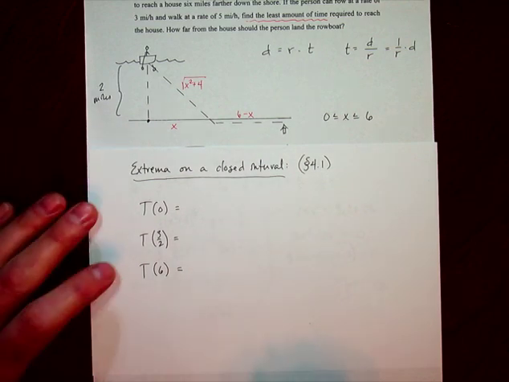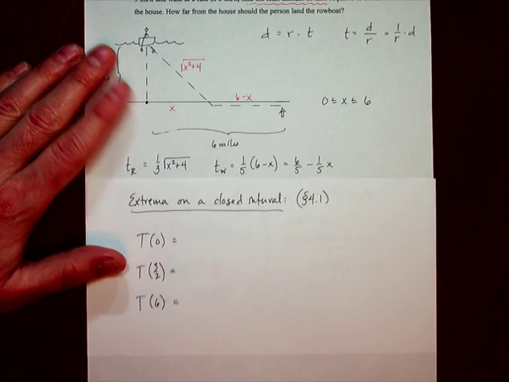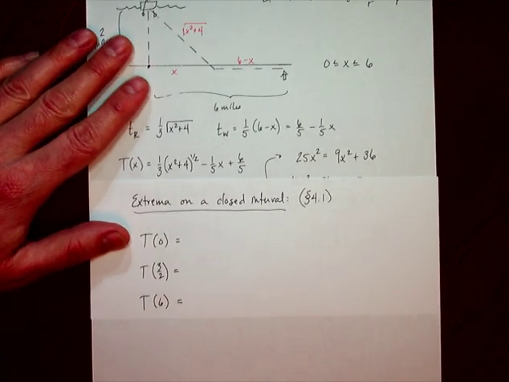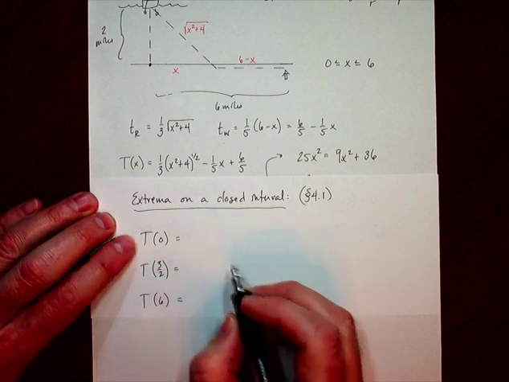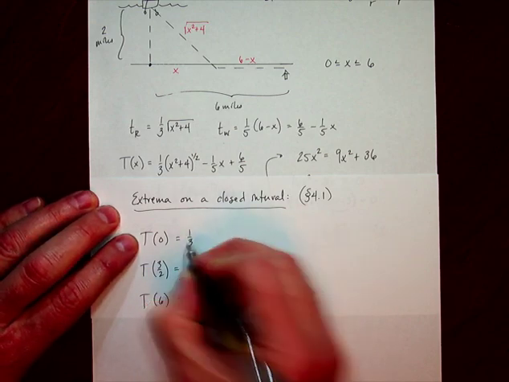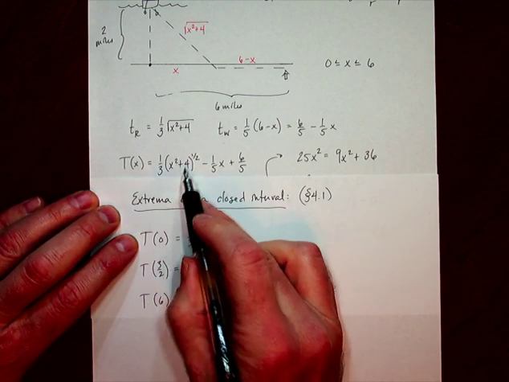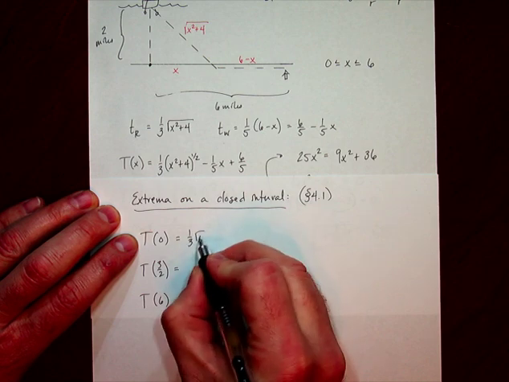Now, t of 0, if I look at this t of x that I have, I'm going to plug in 0, and I'm just going to get 1/3. The 0 is going to get squared, so I'm just going to have the square root of 4 right there.